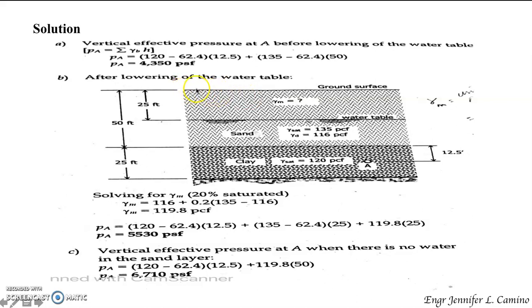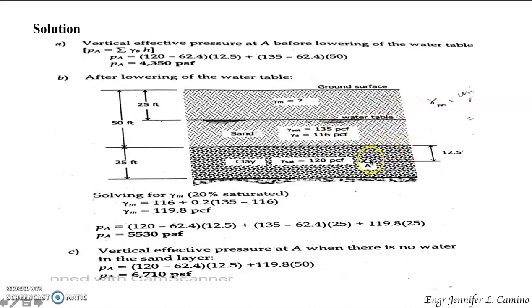Now the pore water pressure: the water table is on the ground surface. So to get the pore water pressure at point A, that would be the height of the water from point A towards the water table. From point A towards the water table, that is 12.5 plus 50, which is equivalent to 62.5.